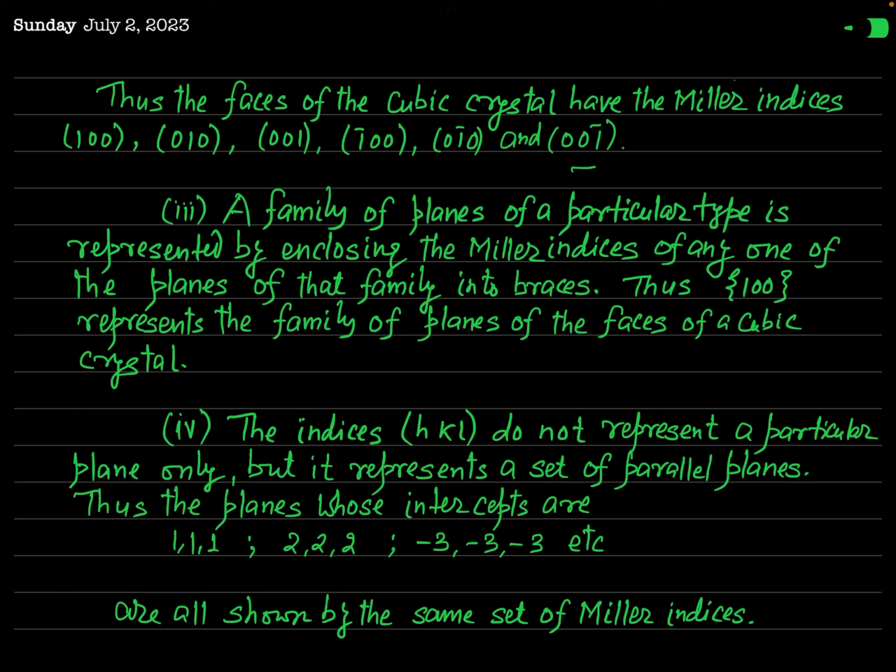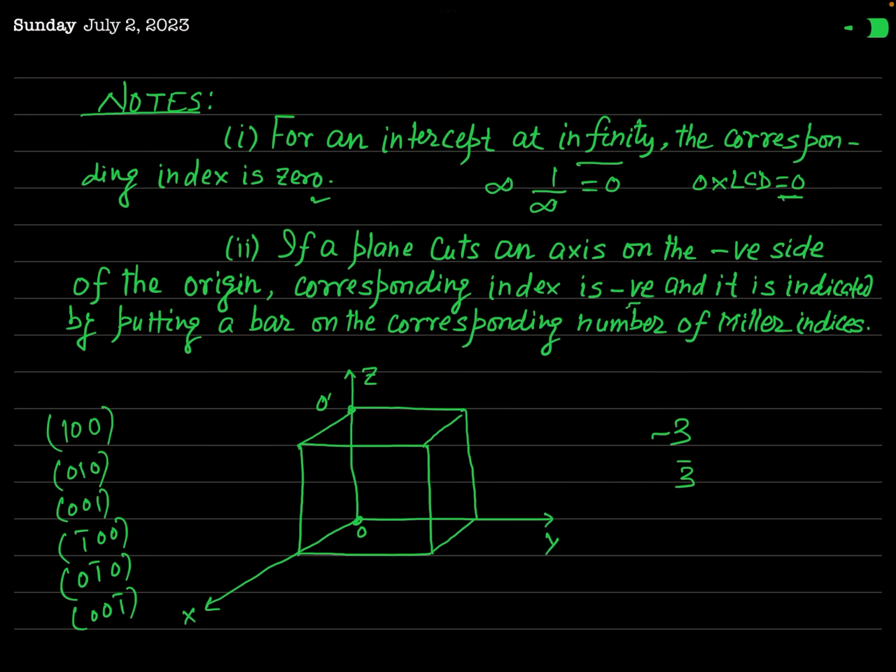Now actually, as you can see, all the faces of this cubic crystal are identical. So all these Miller indices are identical. And this set of identical Miller indices is written by writing only the Miller index of any one face, but inside the braces, inside the curly bracket.